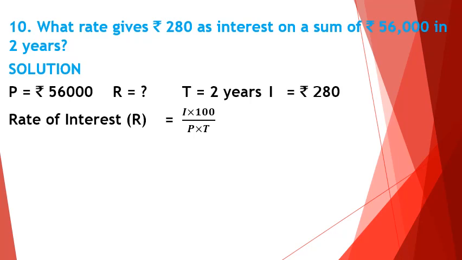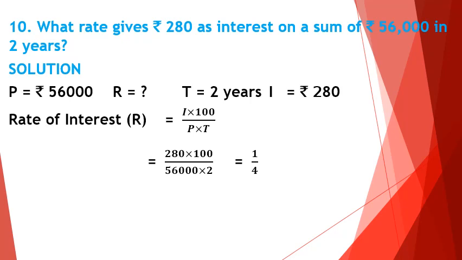Now we have to substitute the value over here. Our I is 280. So 280 multiplied by 100 whole divided by 56,000 multiplied by 2. You can cancel 3 zeros from the numerator and denominator. Now you cancel 28 and 56. So the numerator becomes 1 and denominator becomes 2.